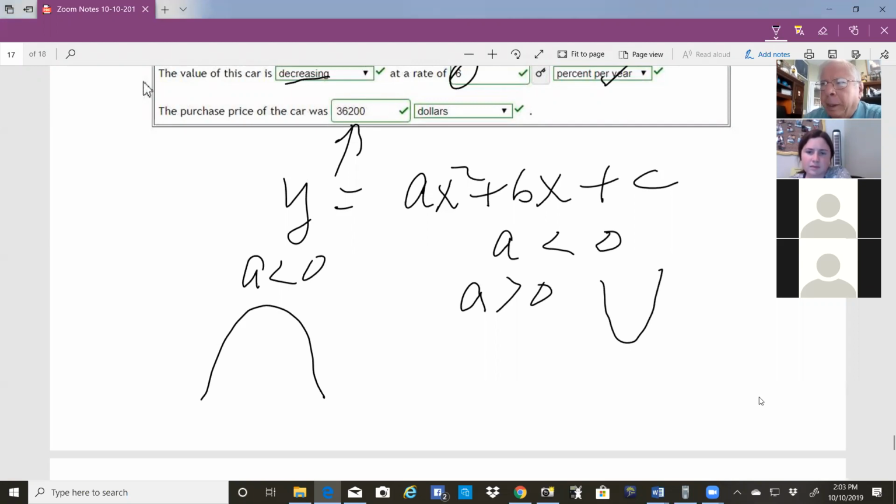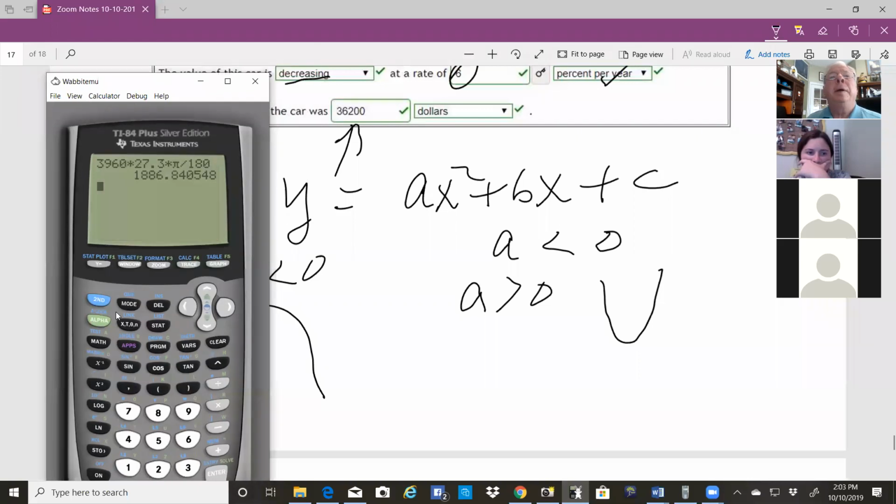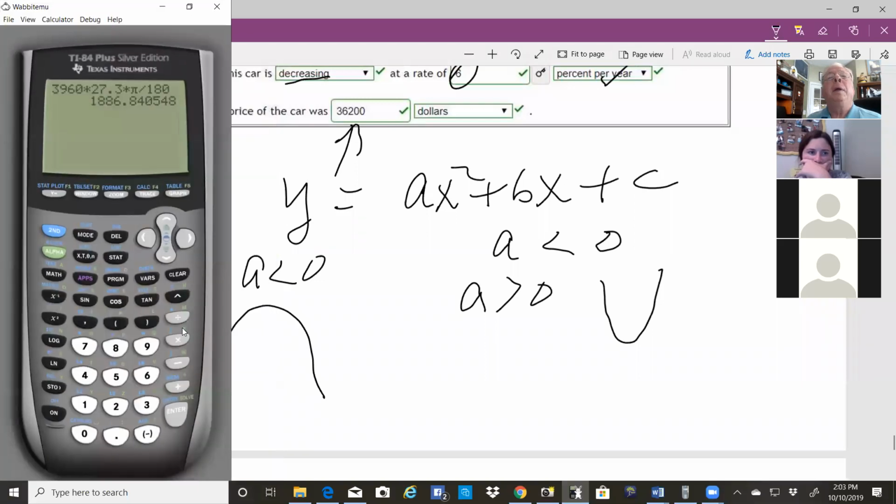Now, do you have a graphing calculator? Yes, sir. Actually, a way to check yourself is to pull out your graphing calculator. Let me pull up the graphing calculator. Let's just do something simple.